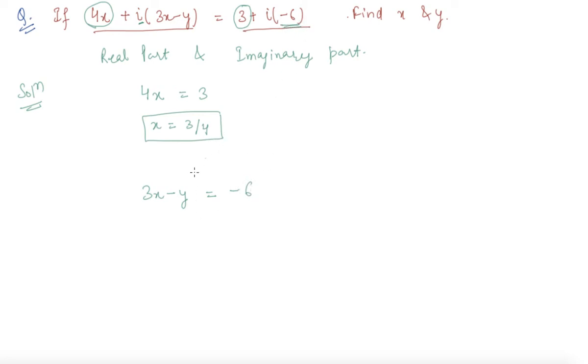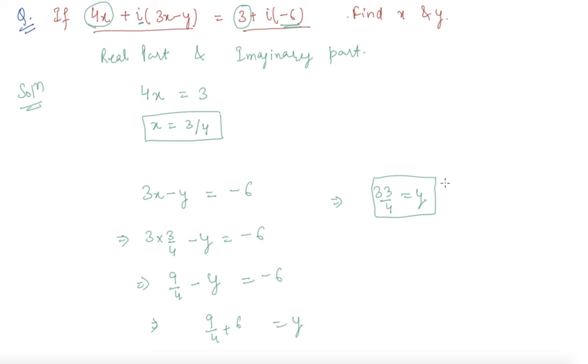We know the value of x already, so we can put the value of x here. 9 by 4 minus y is equal to minus 6. So if I take y there and 6 here, I get 24 plus 9 is 33 by 4 as y. So we are getting the value of y as 33 by 4.